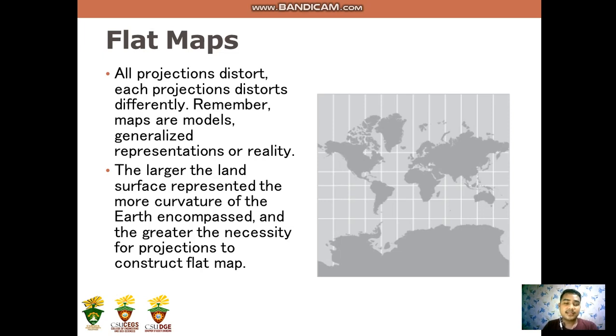But it does not depict the reality, kay naay distortion, so magdepende na lang kung unsa imong i-preserve pag project. The larger the land surface represented, the more curvature of the Earth encompassed, and the greater the necessity for projection to construct flat maps.